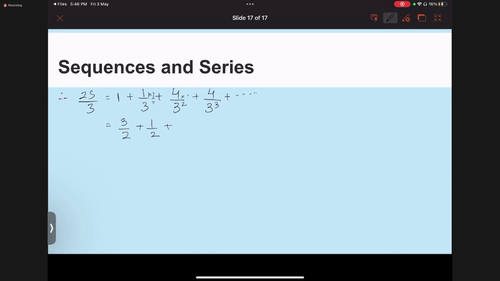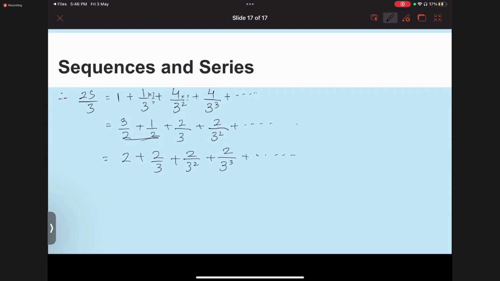And then you multiply 3 by 2 here, so you will get 2 by 3. And then you multiply 3 by 2 here, so you get 2 by 3 square and so on. Okay, and now you can add these together. So you have 4 by 2, so that is going to give you 2. And then you have 2 by 3, then you have 2 by 3 square. And similarly, you will also have 2 by 3 cube and so on.